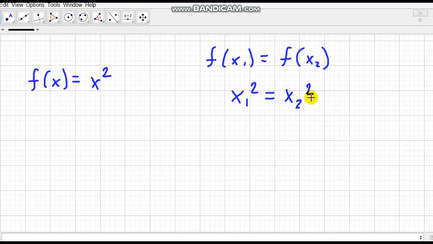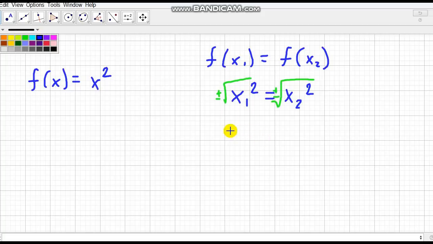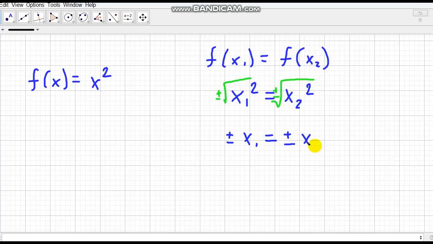Since we have exponents of 2 here, what we're going to do is we're going to get the square root on both sides. Remember that whenever we get the square root on both sides, we use both positive and negative. Therefore, what we're going to have is positive negative x sub 1 is equal to positive negative x sub 2.